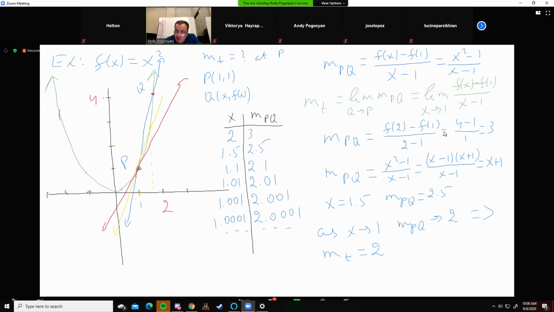That means Q goes along this line towards 1, and the corresponding x values get closer to 1. And algebraically we see that it approaches 2. Say if I choose an even smaller number, 1.00001, it would be 2.00001. So it goes to 2.